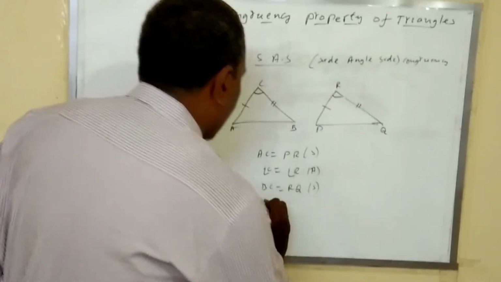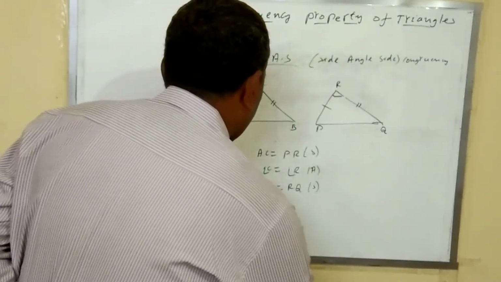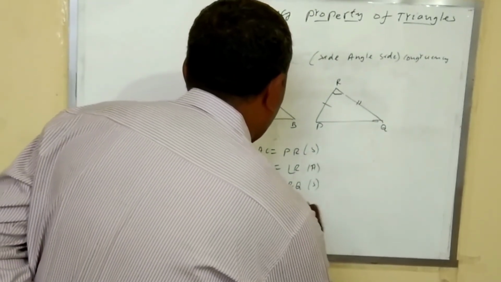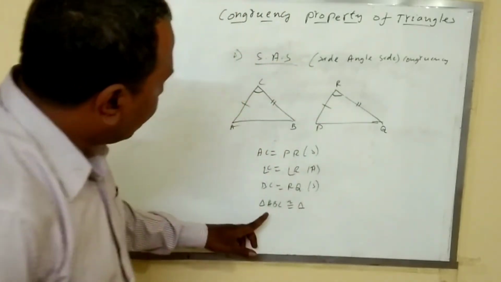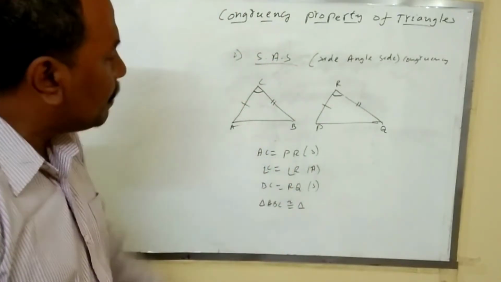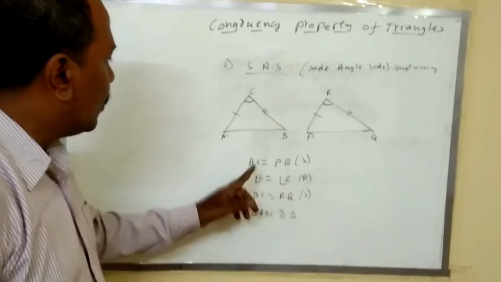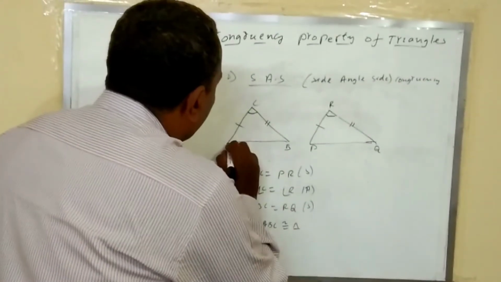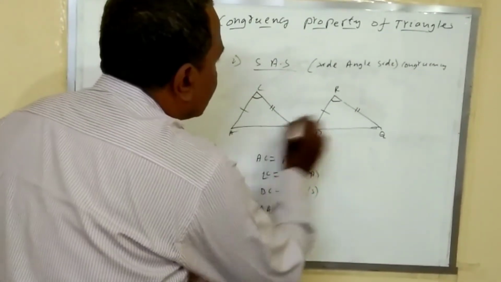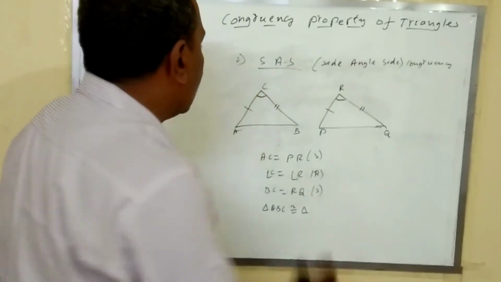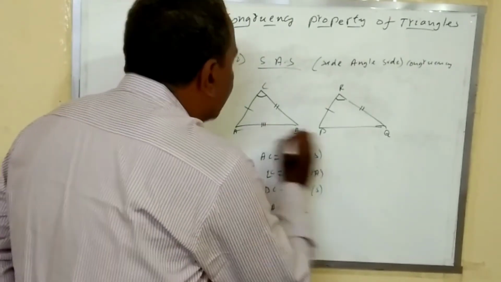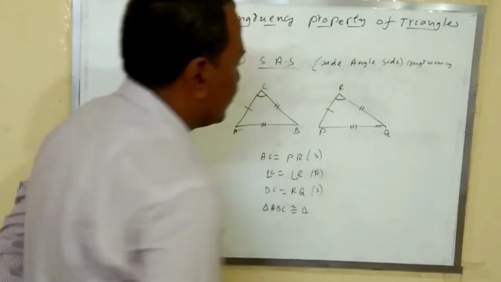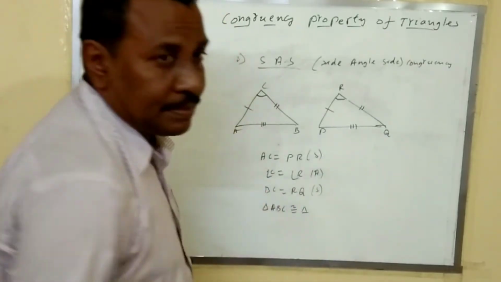Naturally you can say that triangle ABC is congruent to triangle PQR. In place of AC, I have to replace with PR. Suppose AC is equal to PR, so naturally AB must and should be equal to QP.